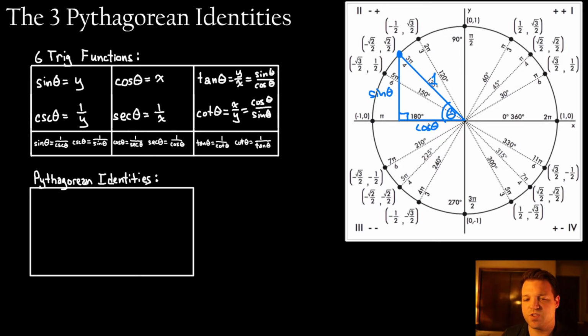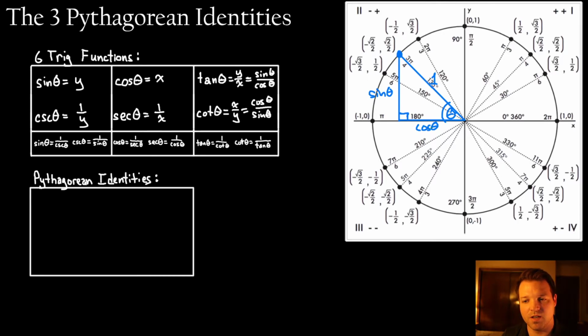Okay, so with this information, we are now going to go ahead and create our first Pythagorean identity, which is no real secret. We're going to use the Pythagorean theorem to do it, okay? So what we're going to do is refer to this triangle, and again, this triangle could be anywhere, but the sides are always going to be the same, right?